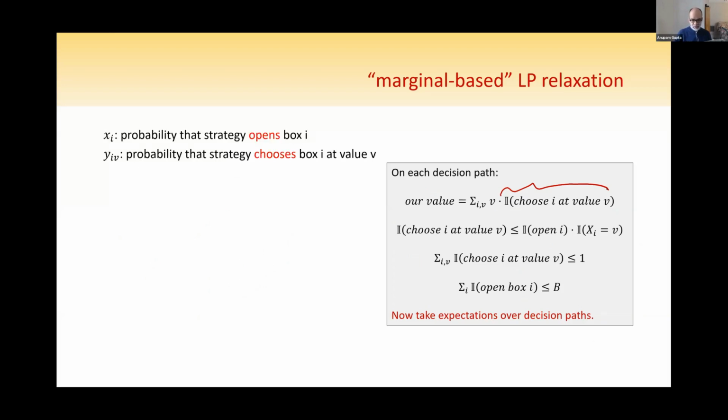So the first line will become: our expected value is equal to the sum, exactly as you said, over i and v of the probability that the strategy chooses i at v. These other constraints say the total probability of choosing i at v is at most 1.